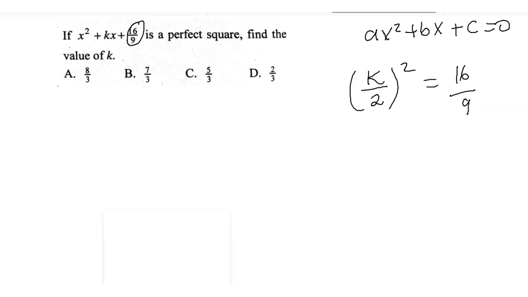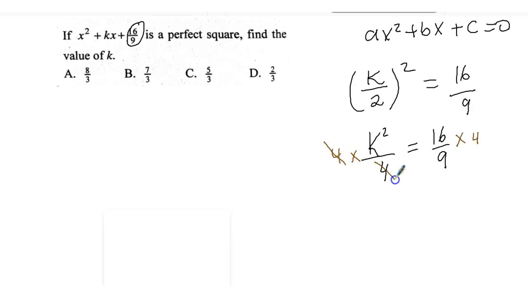That's one method. In that case, we get k squared over 4 is equal to 16 over 9. We want to solve for k, so we will send this one over here. It's divided; when it comes here, it's going to be multiplied. You also have to be very good with your inverse operation.